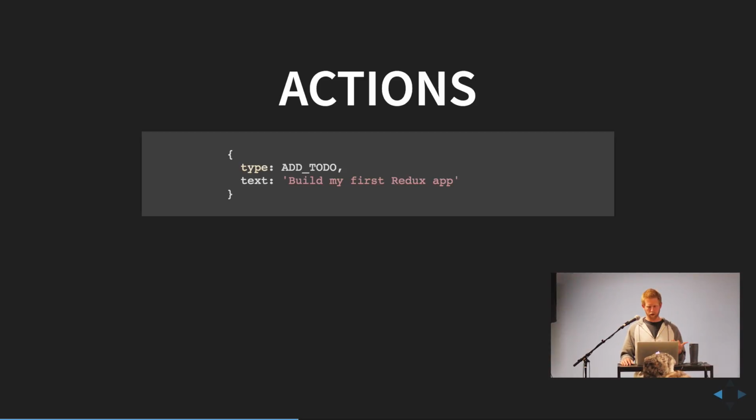So in the case of the canonical to-do list, we might have an action to add a to-do to the list, and we need the content, the thing that the user will eventually do. And so when we dispatch an action, this is what we're emitting. It's just a plain serializable JavaScript object.